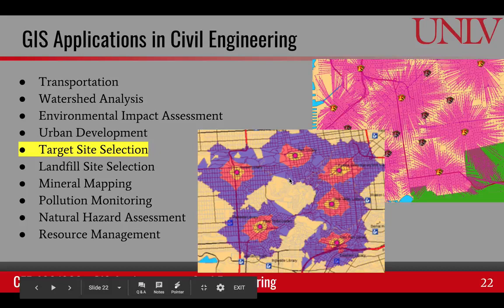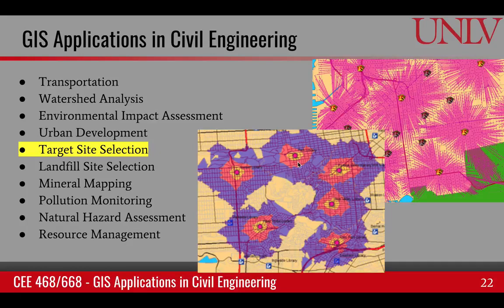So if it is, let's say, beyond 5 minutes distance, if purple represented within 5 minutes, then this little region within the city could be another potential location for a new fire station. So site selection is a very important problem that can be solved with the help of GIS.